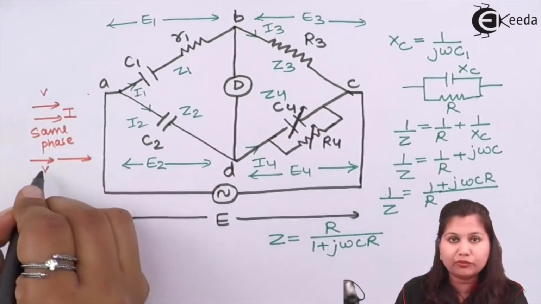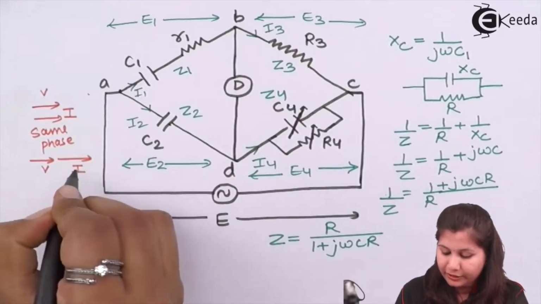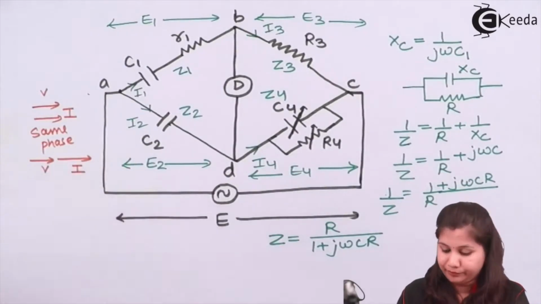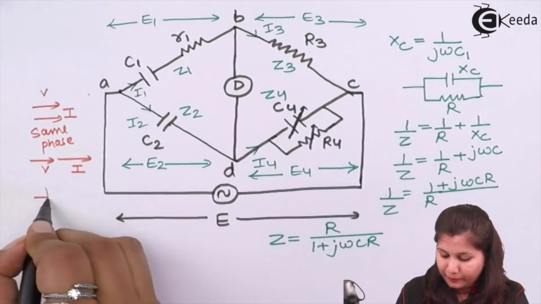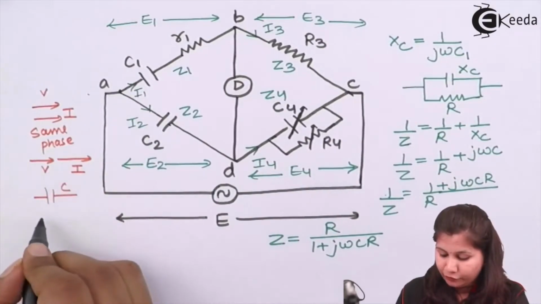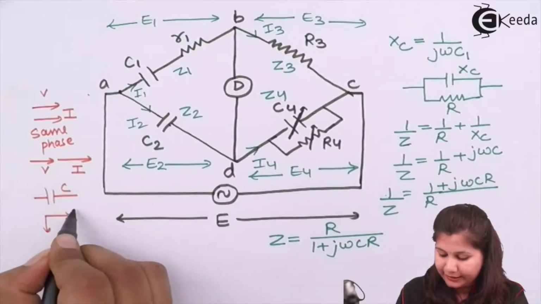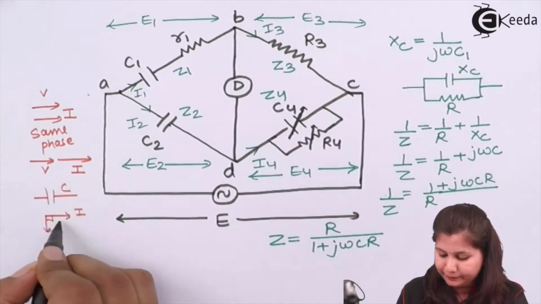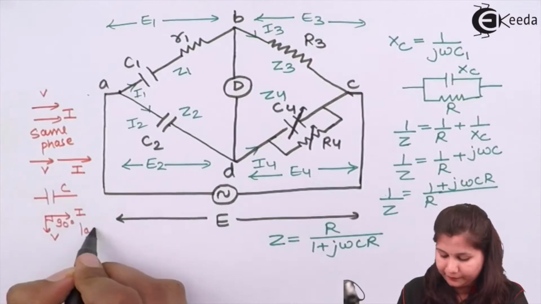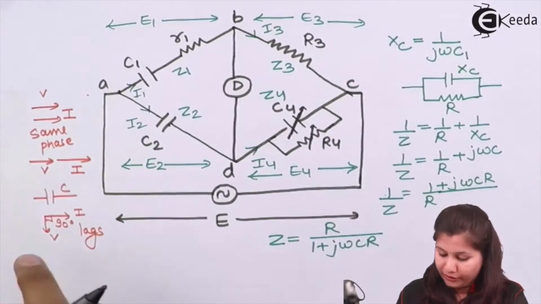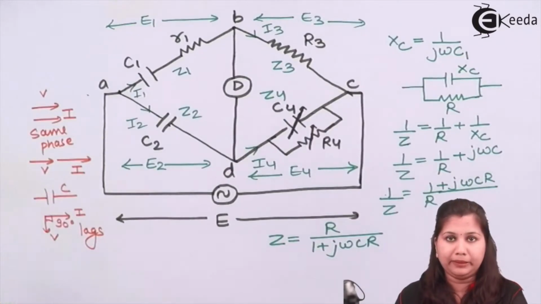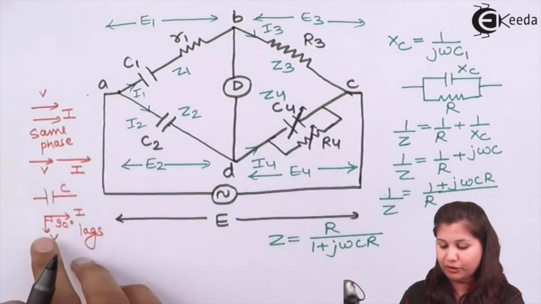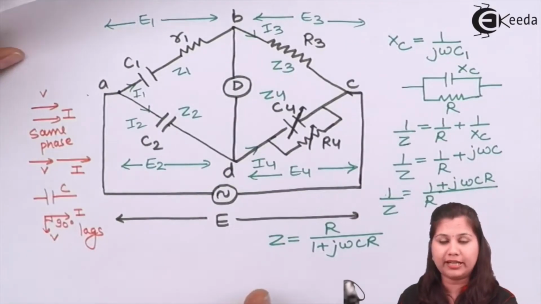If we are drawing the voltage, then current will be drawn on the same line. And in case of a capacitor, the voltage lags the current by 90 degrees. So if current is drawn as the straight line, voltage will be 90 degrees behind it.